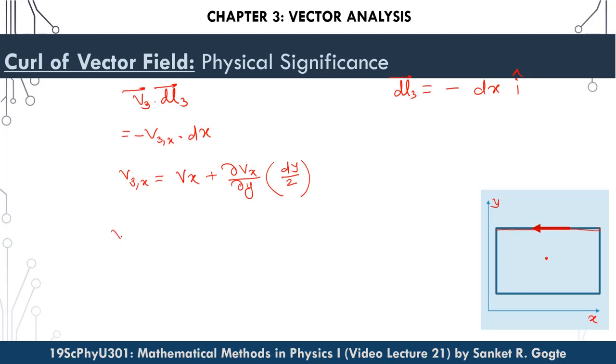Therefore, v3 dot dl3 is equal to vx plus dou vx by dou y into dy by 2 into dx, but this is with a negative sign, so let me write it like this.